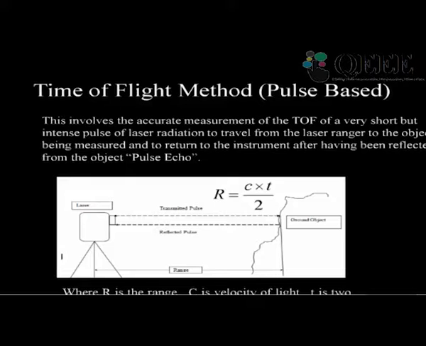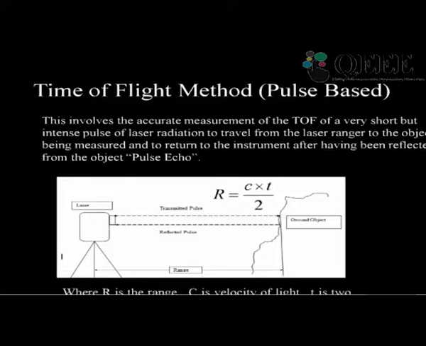It sends one pulse, which reflects at the ground and comes back to the instrument. R is the distance between the instrument station and your ground object. So R = C × T / 2, where C is the velocity of the electromagnetic wave. Electromagnetic waves generally move at the speed of light, and we know the velocity of light.